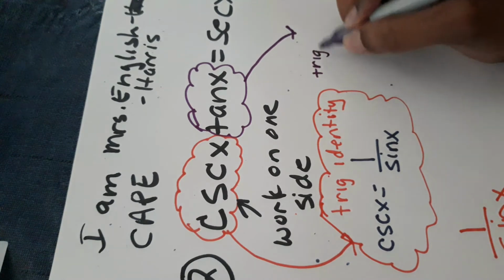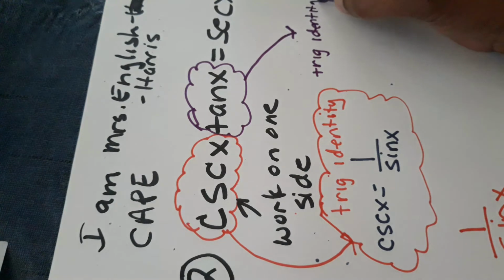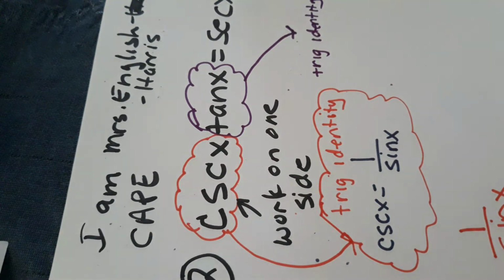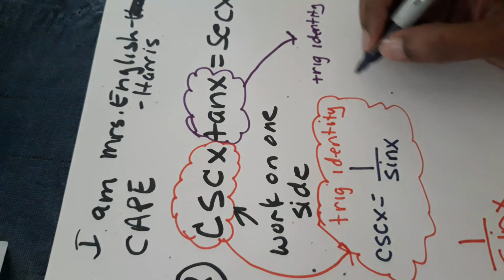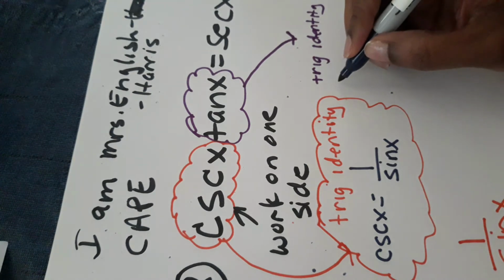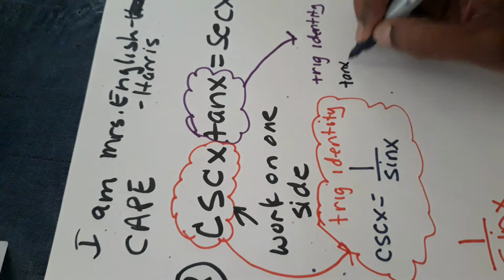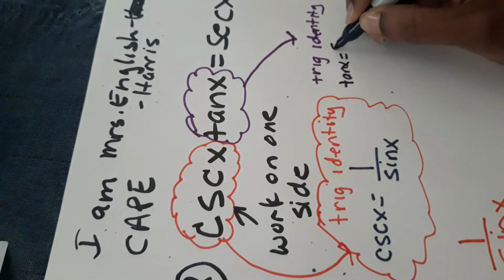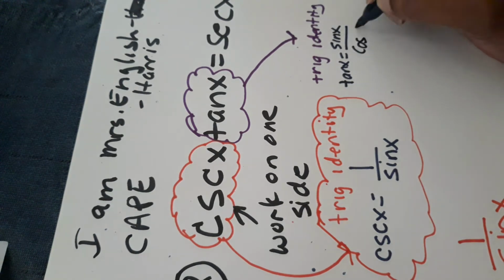And then we're going to look at this trig identity here and find what's equivalent to our tangent. So what's equivalent to our tangent x is equivalent to sine x over cosine x.